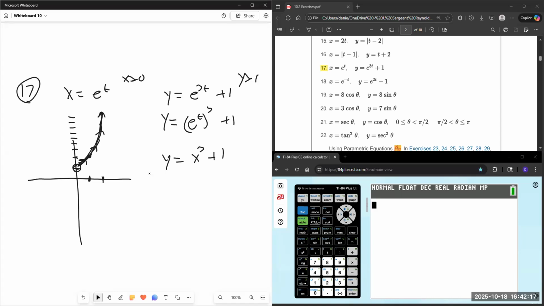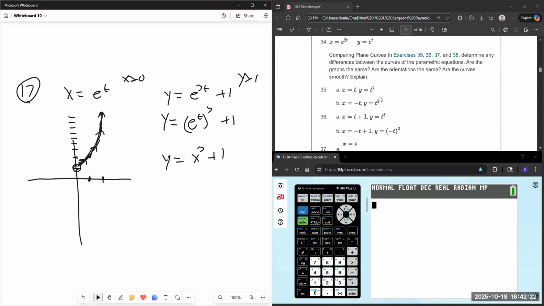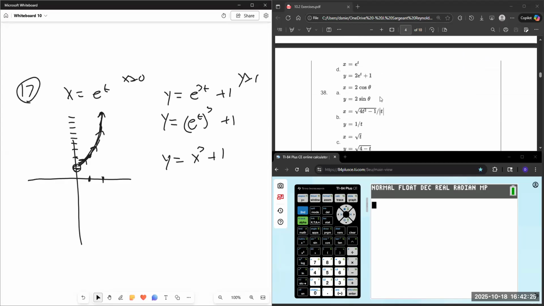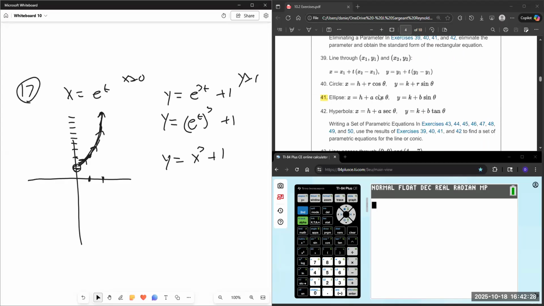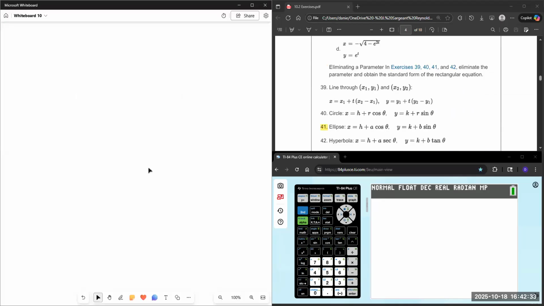Let's go ahead and look at 41. Forty-one says that we have an ellipse given x is equal to h plus a cosine of theta, and y is equal to k plus b sine of theta as our parametric equations.